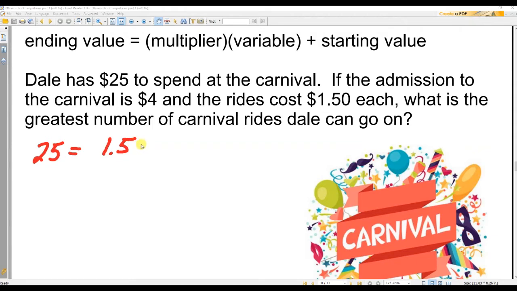Number of rides, let's use R for number of rides, plus the $4 just to get in, right? So $4 just to get in, and $1.50 a ride, and his total is 25. So ending value of 25, $1.50 is the multiplier, R is our variable for rides, the number of rides, and 4 is how much he started having to pay just to get into the carnival.